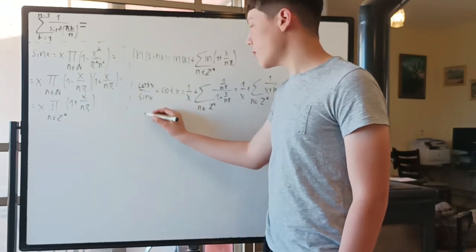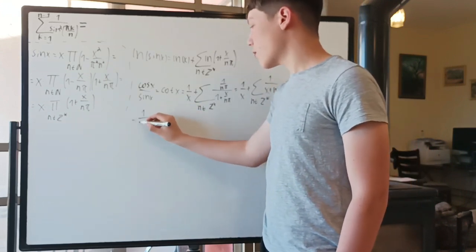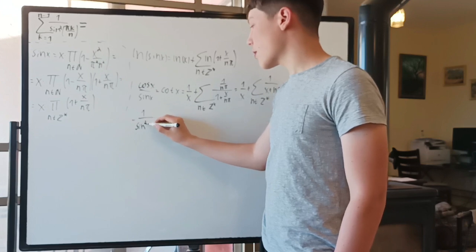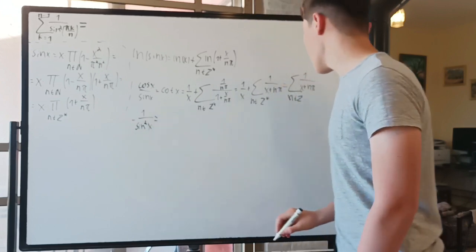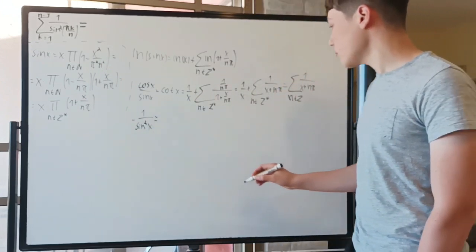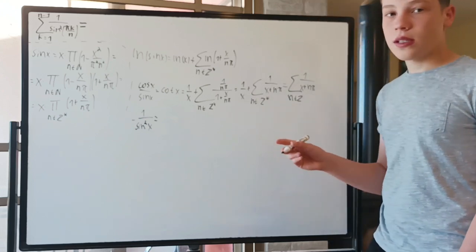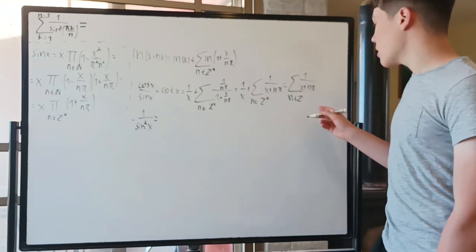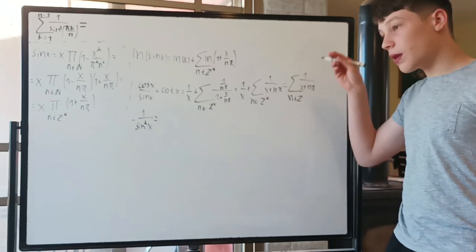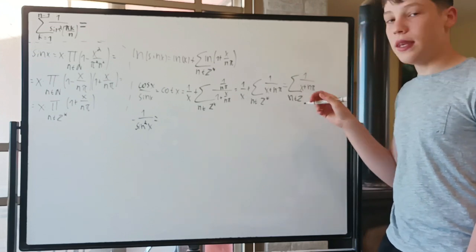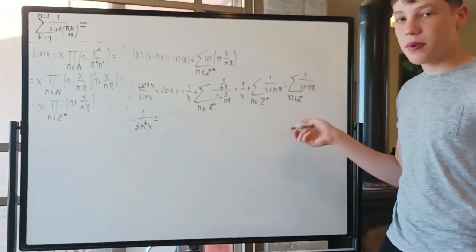So we'll take the derivative. We have negative 1 over sine squared x is equal to, again, we take the derivative inside the sum, and the derivative of 1 over x plus n pi will be negative 1 over x plus n pi squared.